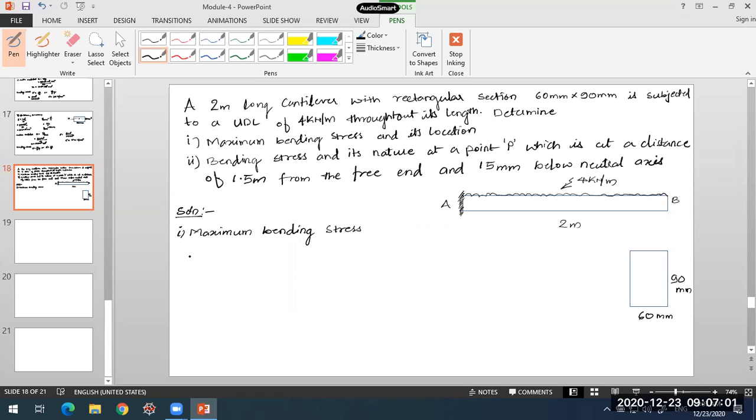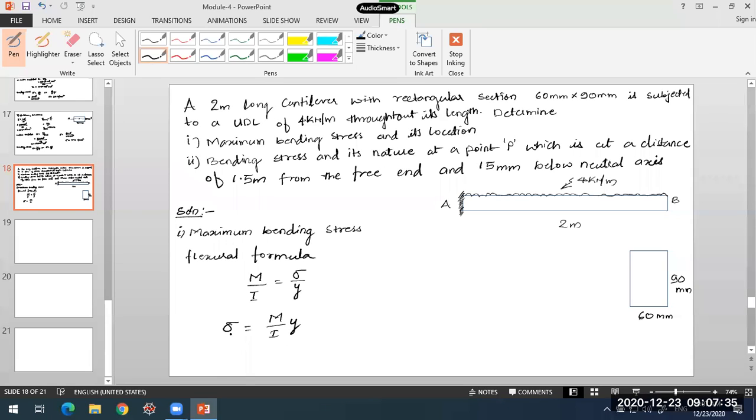For this, we'll be using the flexural formula, in which we use the ratios which relate the stresses and the bending moment. That is M by I is equal to sigma by Y. So from this, I can obtain the bending stress sigma, which is M by I into Y.